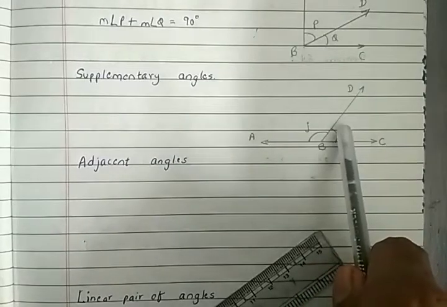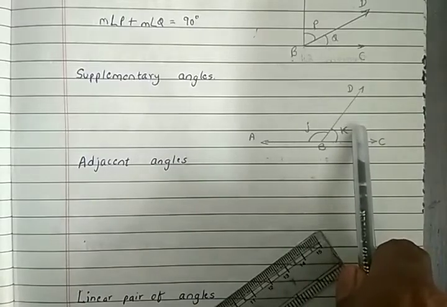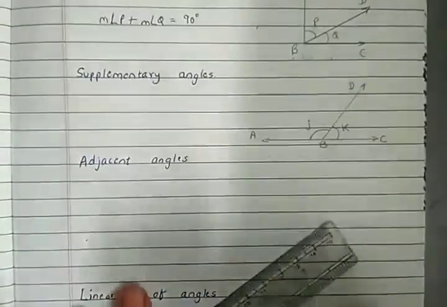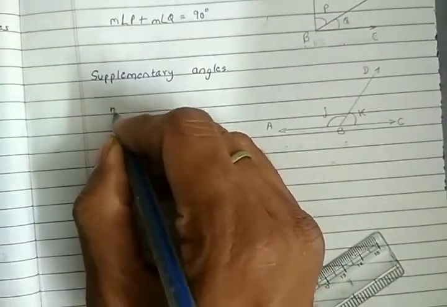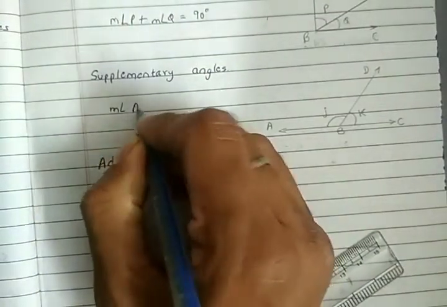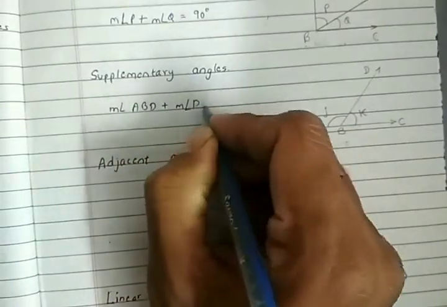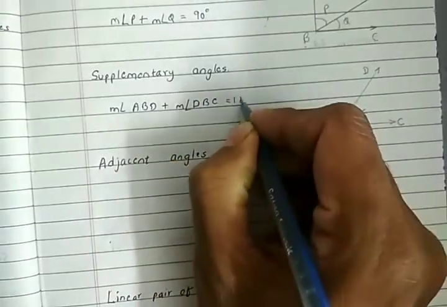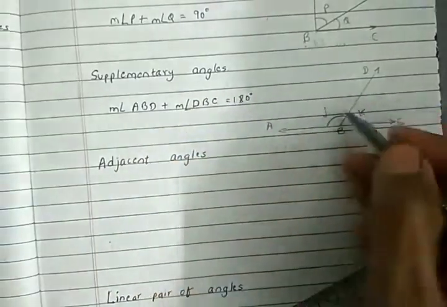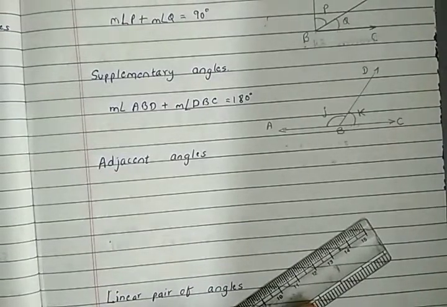So any two angles whose sum is 180 degrees are called supplementary angles. Let me write it down over here: measure angle ABD plus measure angle DBC equals 180 degrees. Then these two angles are called supplementary angles.